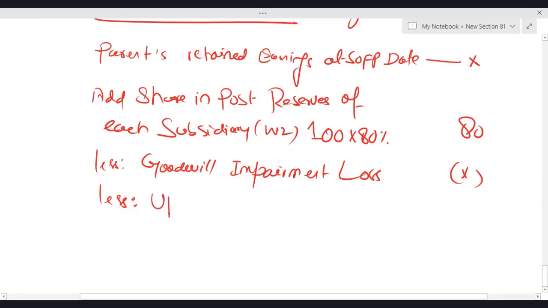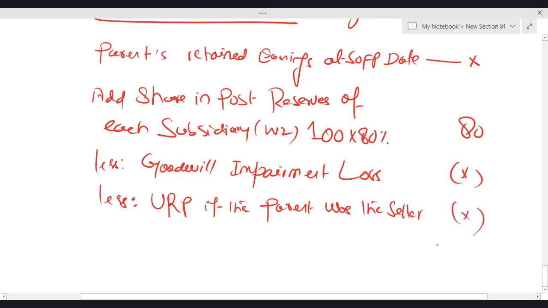Unrealized profit could be on stock, it could be on machinery, whatever the parent has sold to the subsidiary. So, less unrealized profit if the parent was the seller. I hope I have answered one query.